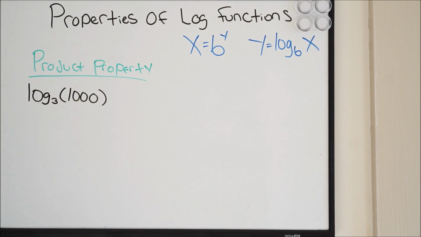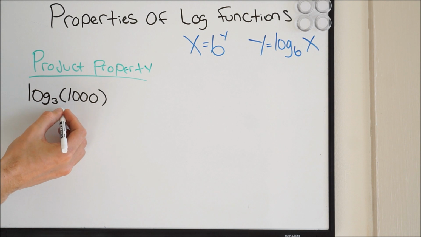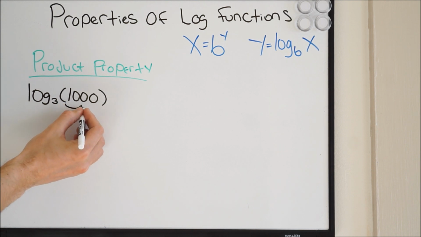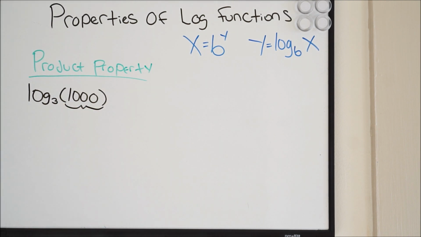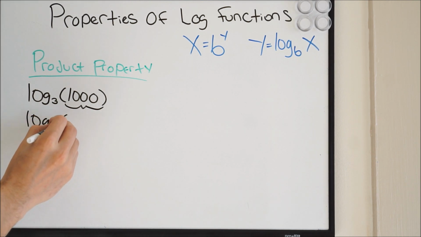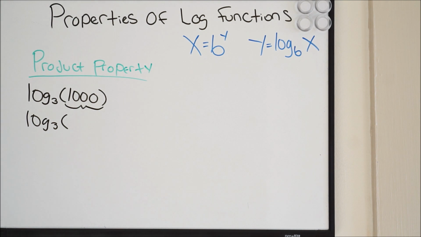Well, what I want you to think about is how can we rewrite mathematically this 1,000 right here? How could we rewrite that? So if I did log base 3, I could say here 10 times 100.